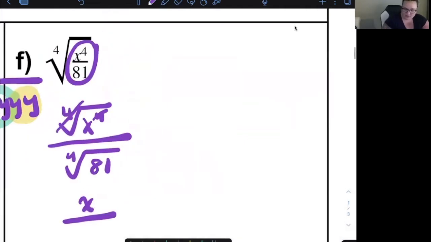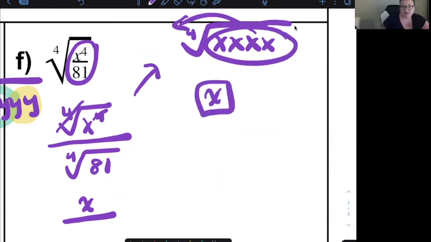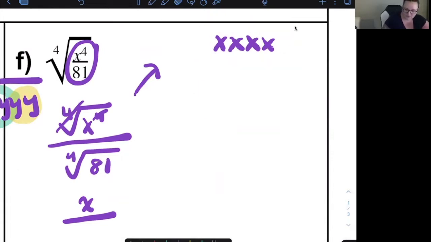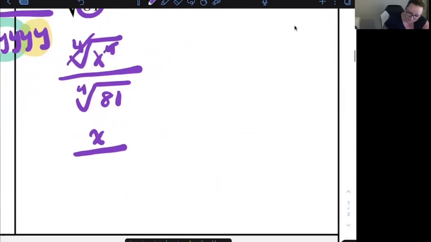You can double check that by thinking about it: x to the 4th is 4 x's. There's a group of 4 x's. I can bring that x out of the radical and nothing would be left. Then the fourth root of 81.